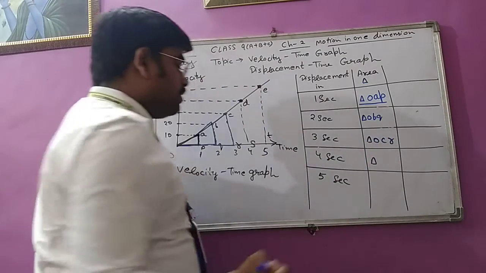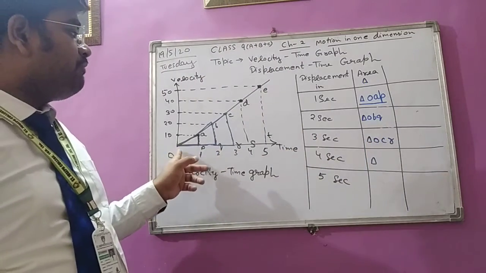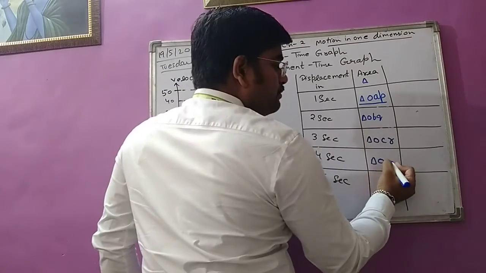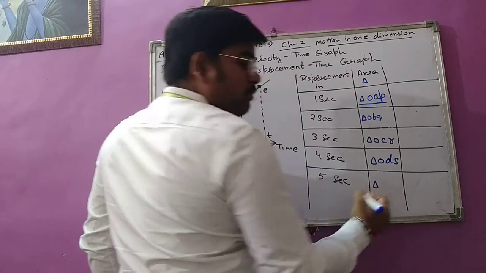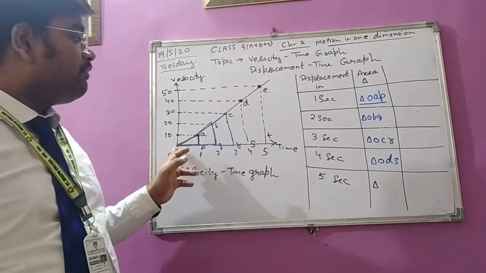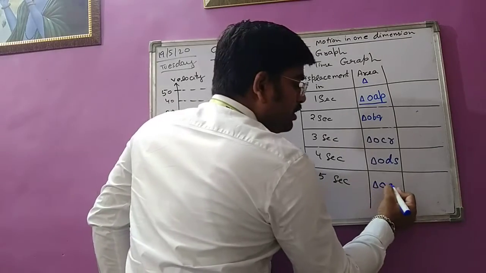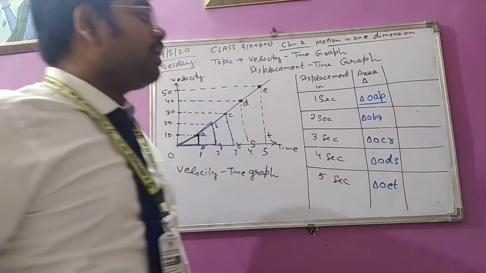And for the fourth second, what we have to do? ODS. And for the fifth second, we have to calculate the area OET.